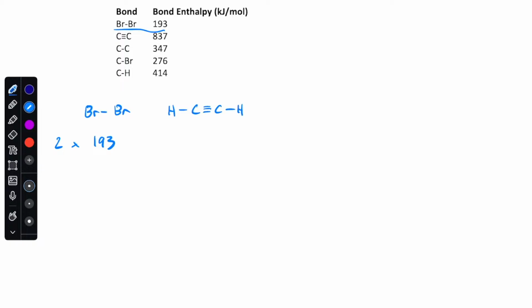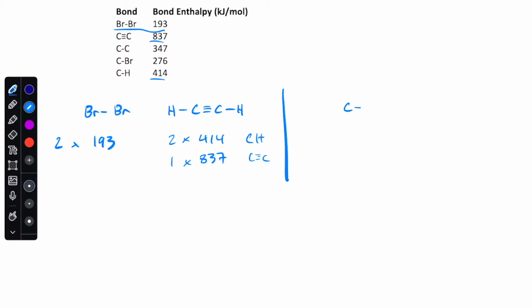If you draw the Lewis structure for C2H2, which is again from first semester, remember that, that has 2 CH bonds, that's in the table, so 2 times 414 for the CH, and we have 1 times C triple bond C, 837 for the CC. Reactants done. Products.